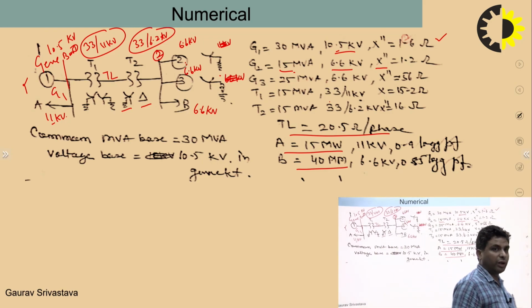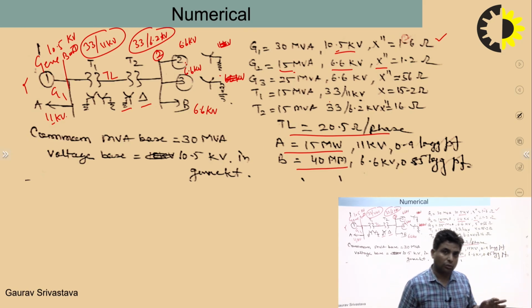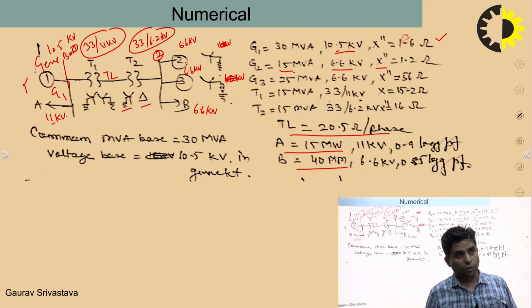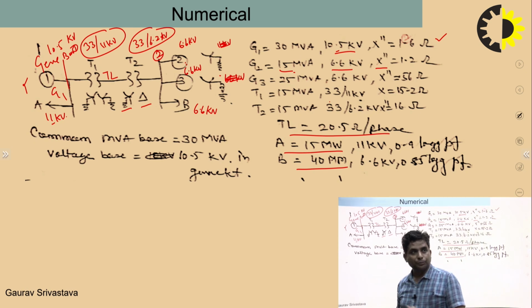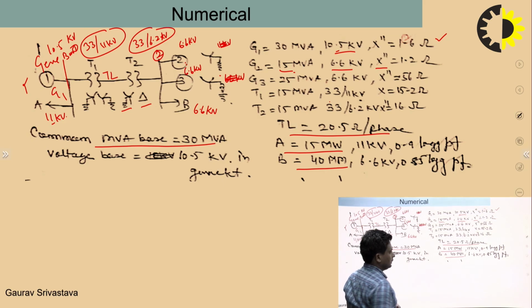So here we can draw the one line diagram for that system, so that each and every quantity can be finalized on the common base system and common voltages, from the generator point of view. Here we choose the common base MVA of 30 MVA.